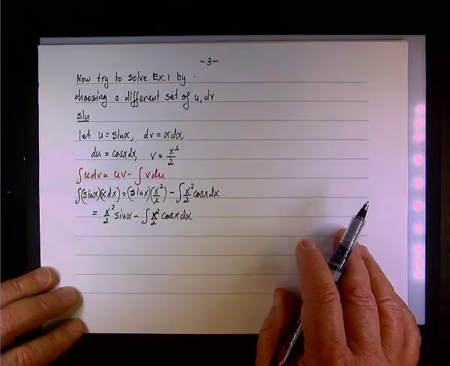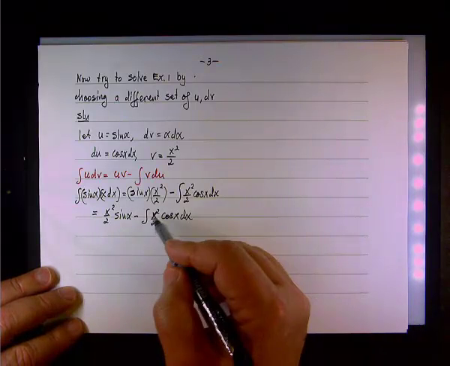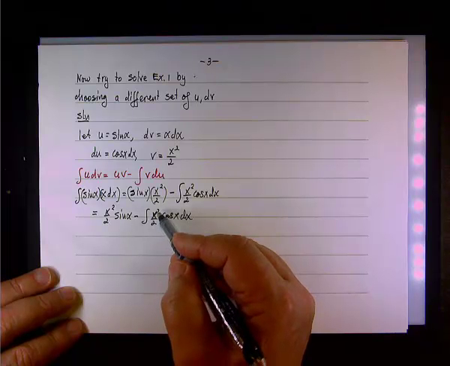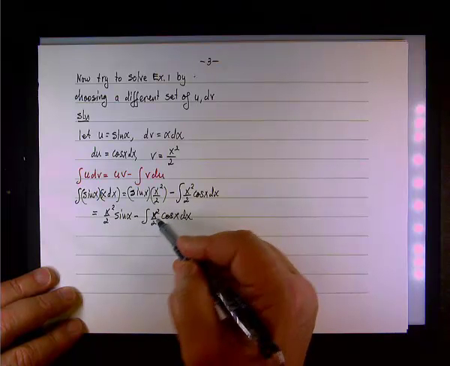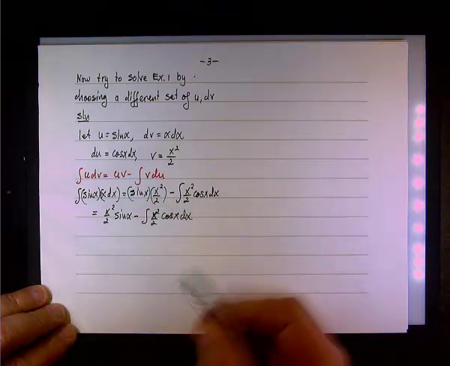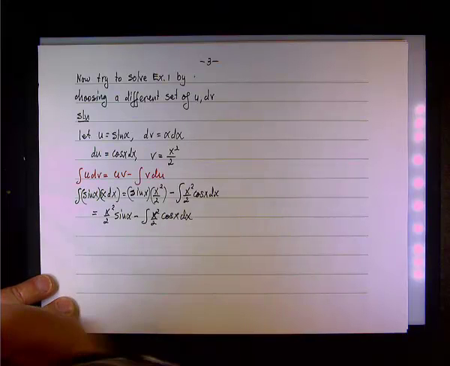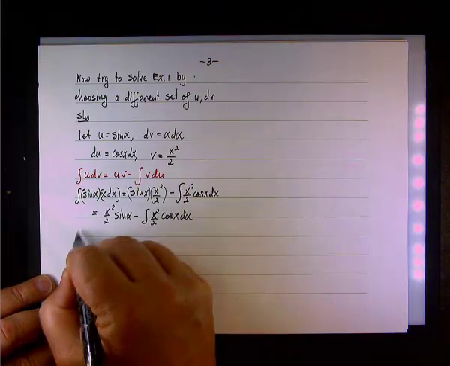Let's see, can we? Now, if we go this route, we're going to continue, and the next time around, we'll have x cubed over 6. The next time around, we'll have x to the 4 over 24. So this is a poor choice.